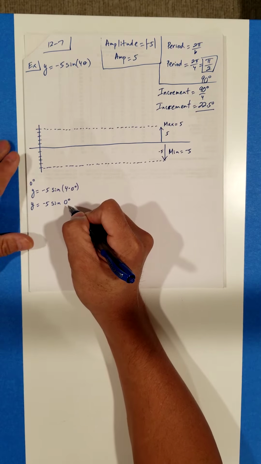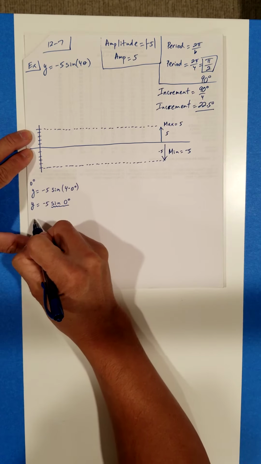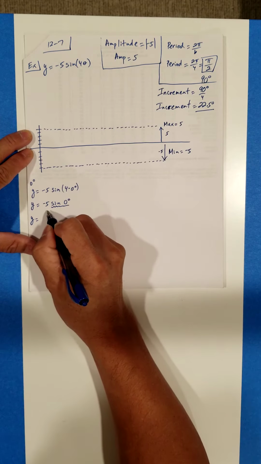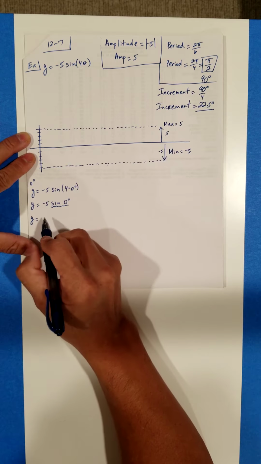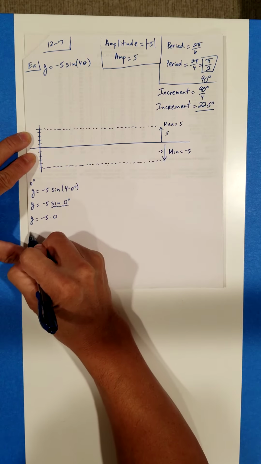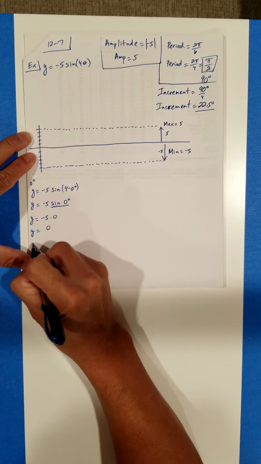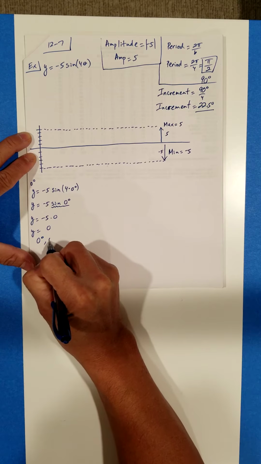Sine of 0, you should know using flashcards and such. You should memorize that. If you don't, then you have to use a calculator. -5 sine of 0 is 0. So y equals 0. Now we have a point of 0 degrees, a height of 0.